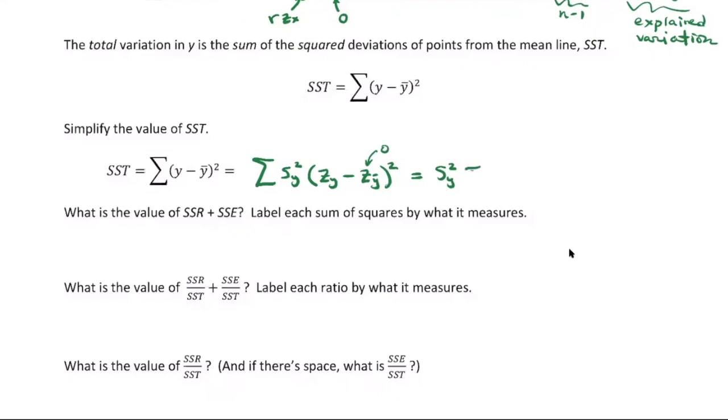So the variance is what that is. And then the sum of the z-scores of each y value squared. But as we remember, the sum of any collection of z-scores squared is always the number of them minus 1. So this is just n minus 1 times s y squared.